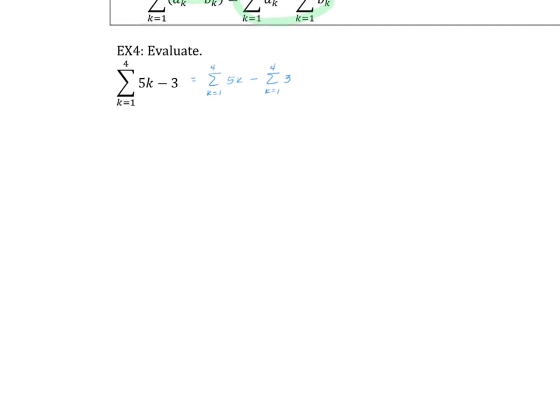However, in this first sum, that 5 is a constant that I could bring out in front of my sum. And then the 3, again, is just some constant that I could bring out, right? So this piece here, since it's just a constant, it's going to be equal to 3 times 4.